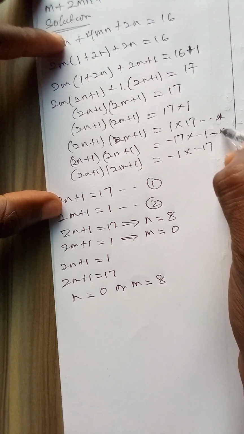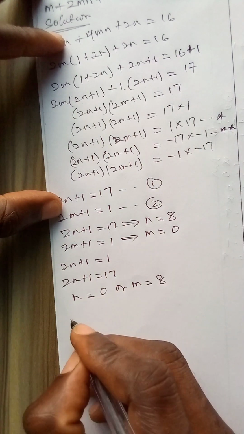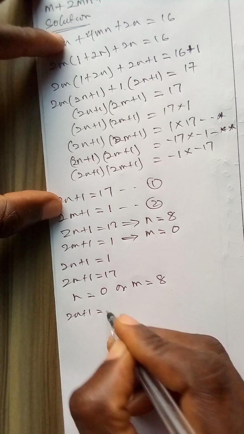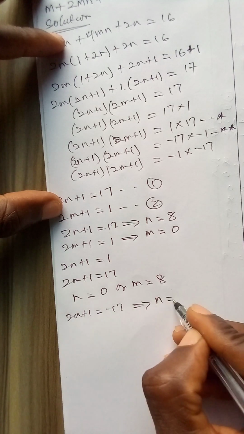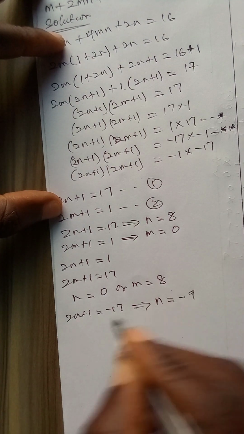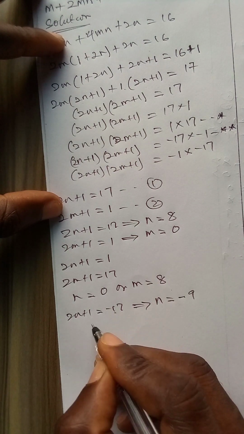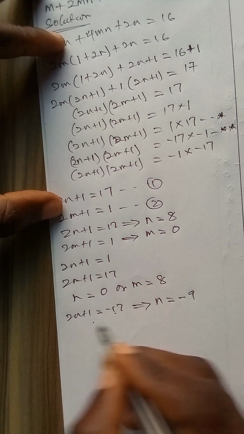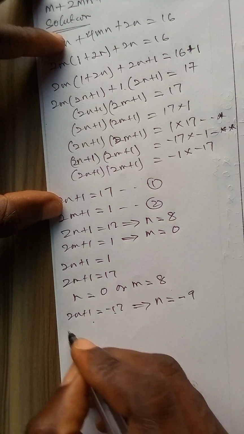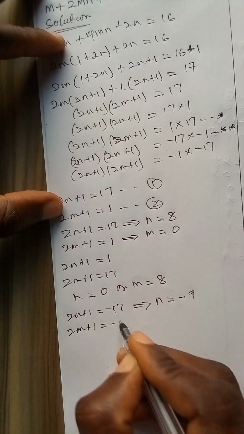Now let's also try the same thing for the next case. 2n plus 1 is equal to minus 17. This implies that n equals minus 9, because minus 17 minus 1 is minus 18, and minus 18 divided by 2 is minus 9. Then 2m plus 1 is minus 1.